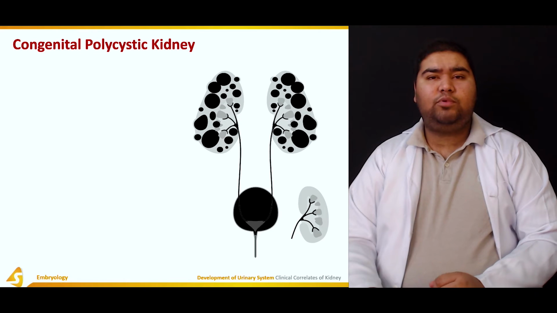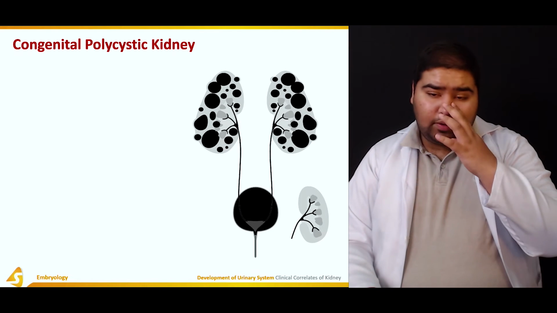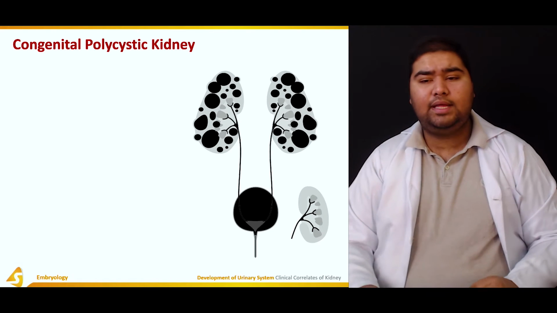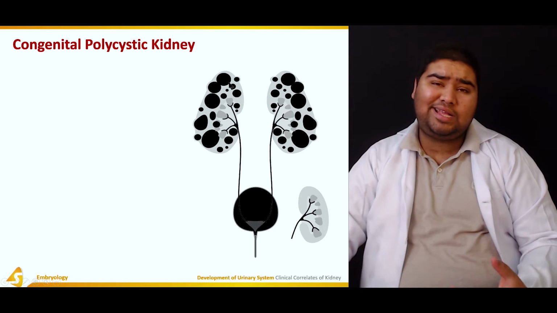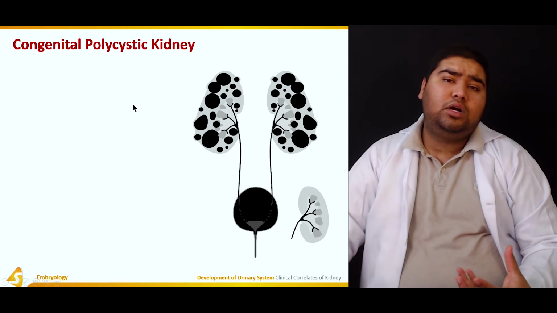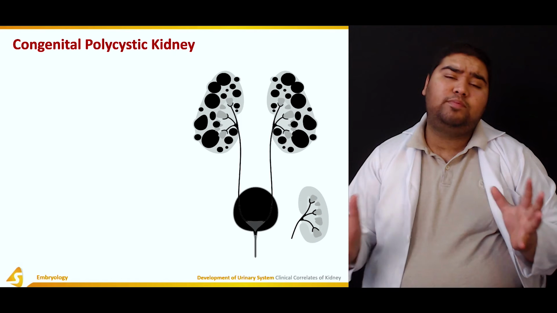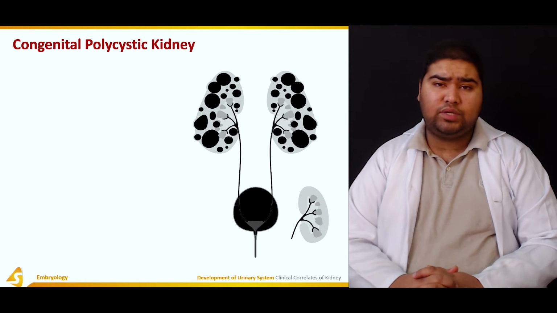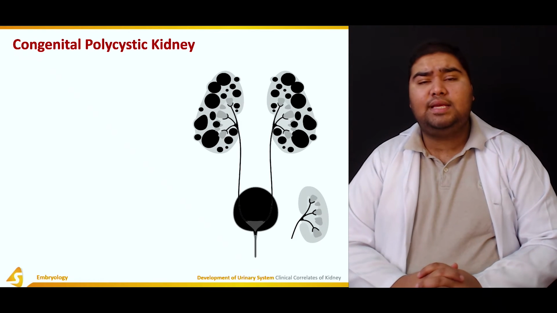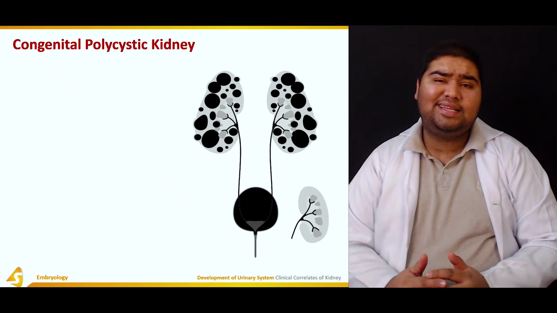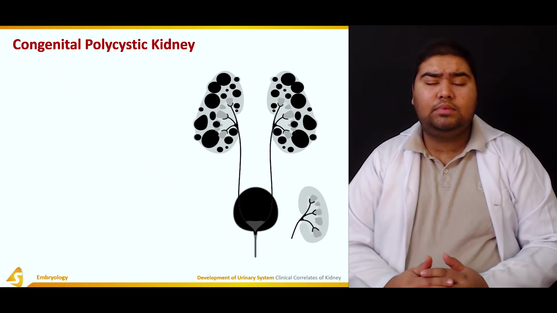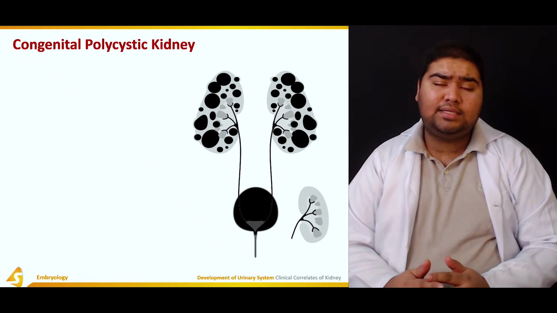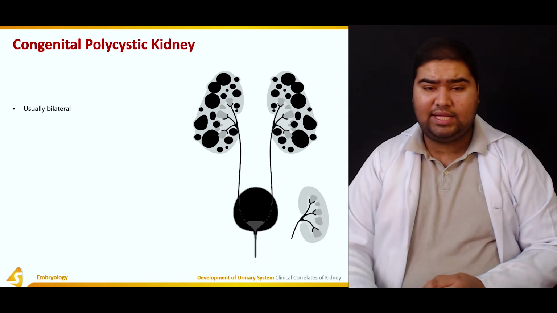So congenital polycystic kidneys. As the name suggests, there are multiple large cysts within the kidneys. These cysts actually are full of urine and can cause obstructive symptoms in the individual. Usually, this disease is accompanied by cysts in the liver, in the bladder, cysts in the pancreas, in other organs of the body as well.